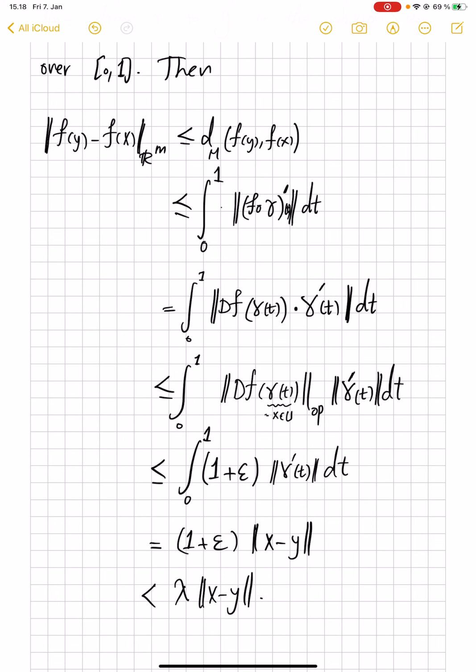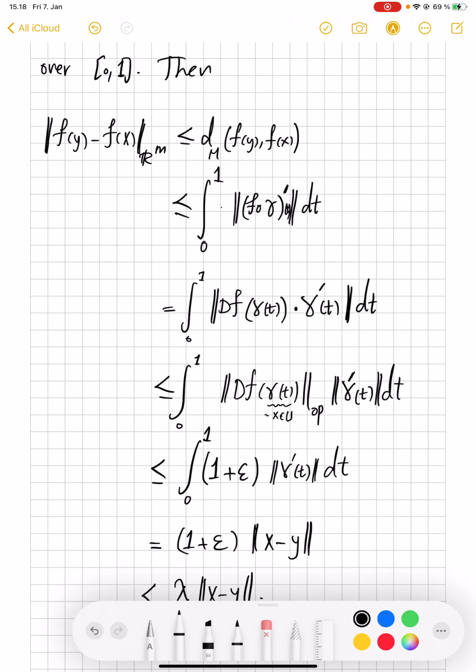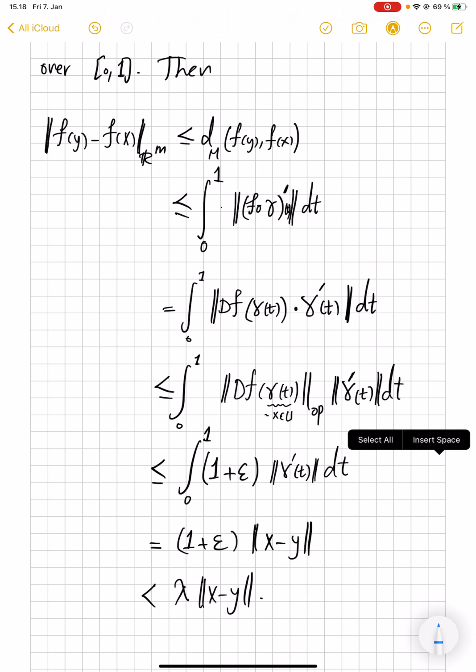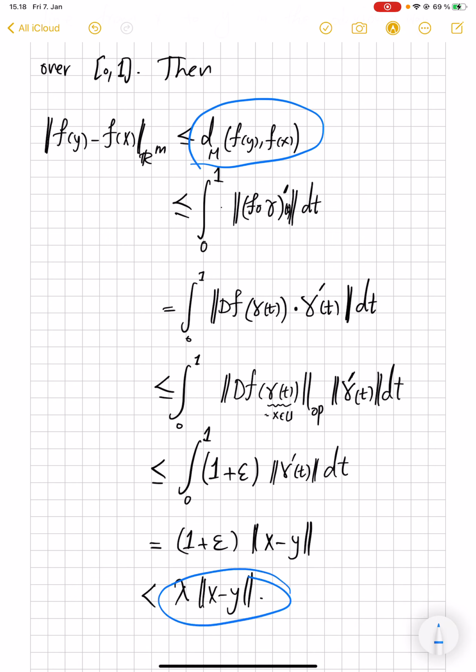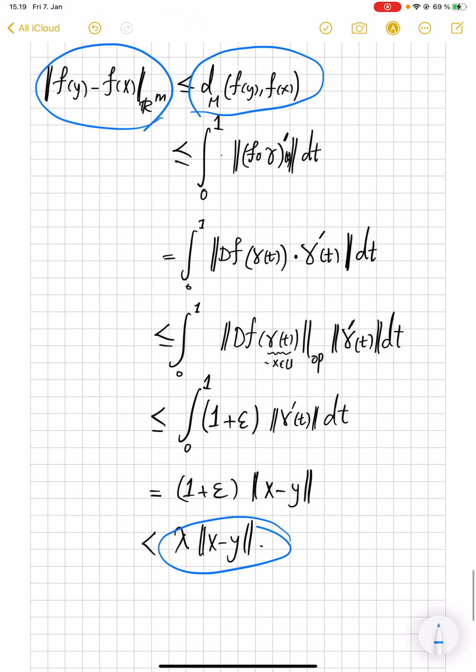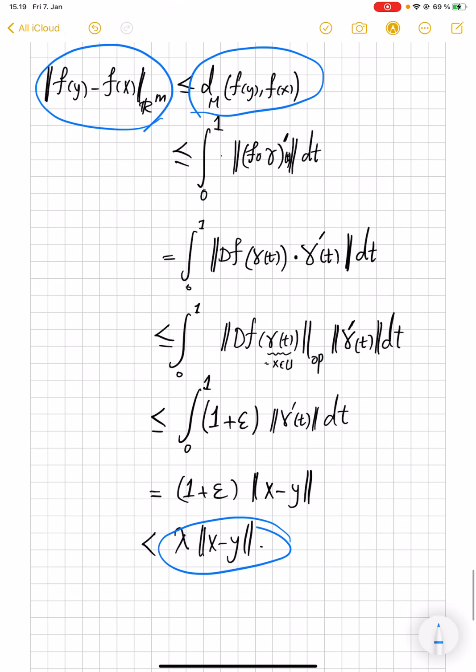Okay, let's see what we have proven. We have proven that this thing is less than that for every x and y in the domain of parameterization, and also we've shown this is less than that, and this was one half of the second and third properties that we require from this local parameterization.